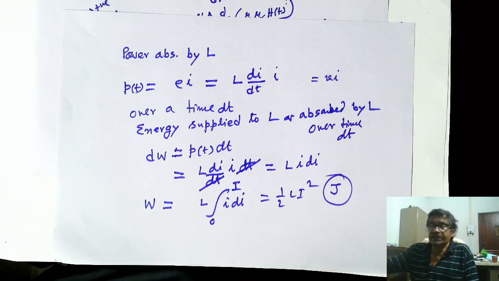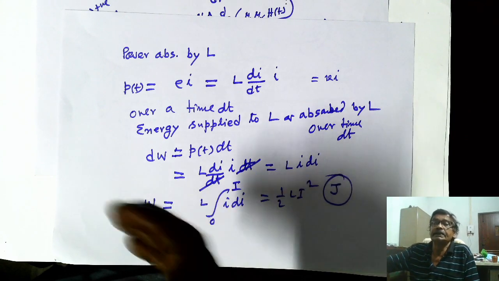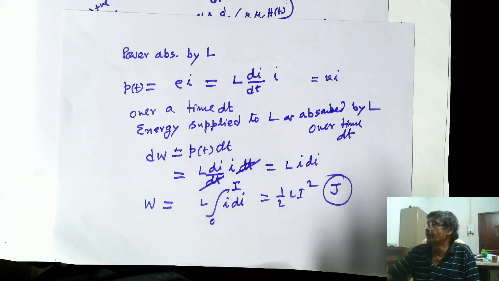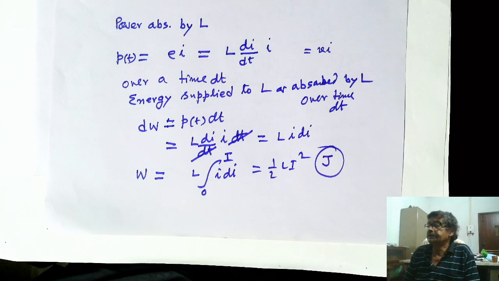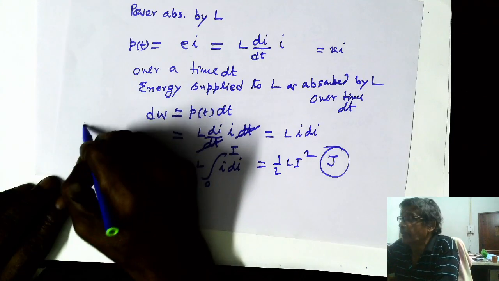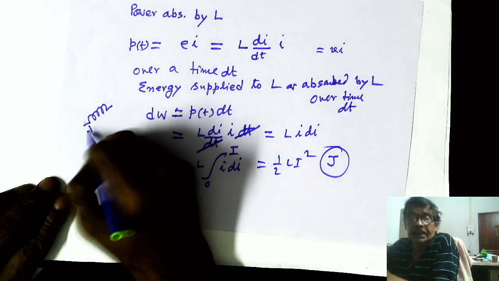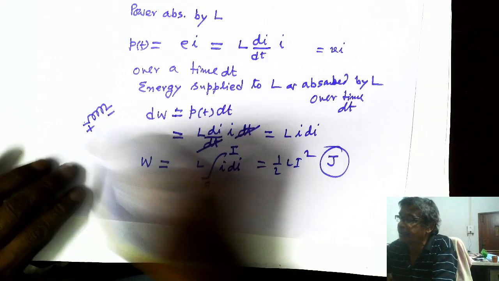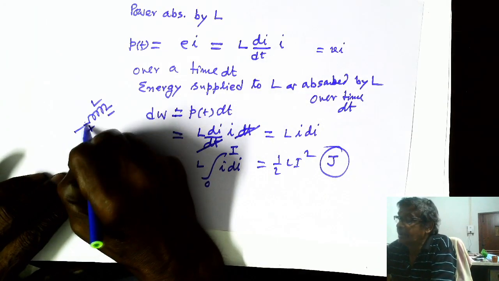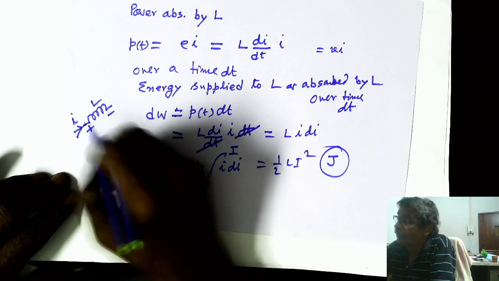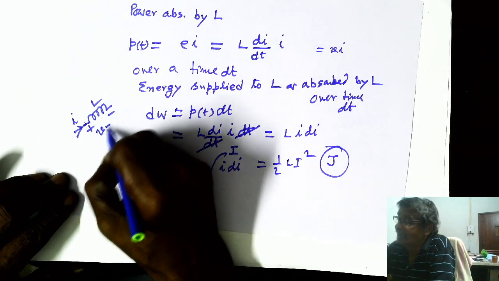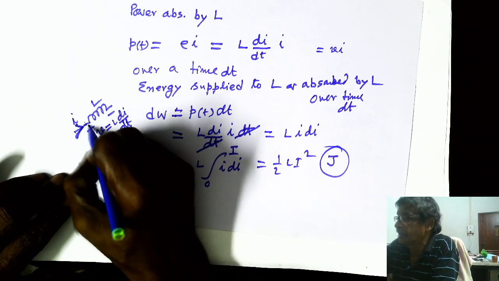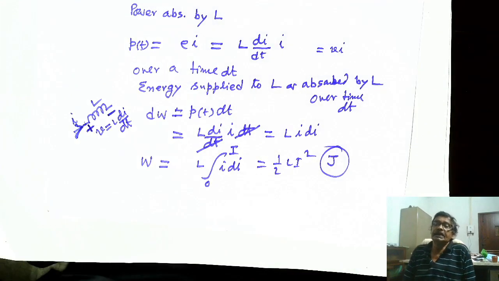I will tell you about this much more in my next class, because it is otherwise getting lengthened. But I hope you have understood these important points about an inductor as a circuit element. Now I will not bother about what flux is, this, that. As a circuit element, I will always say that the voltage across the inductor is nothing but L di/dt, with respect to this current direction and this polarity.